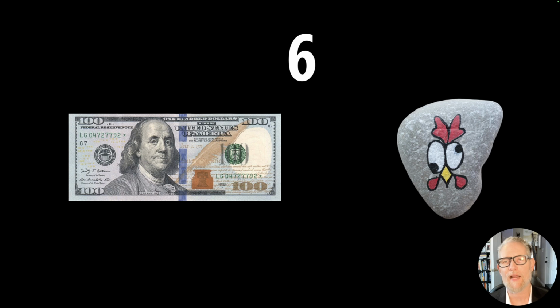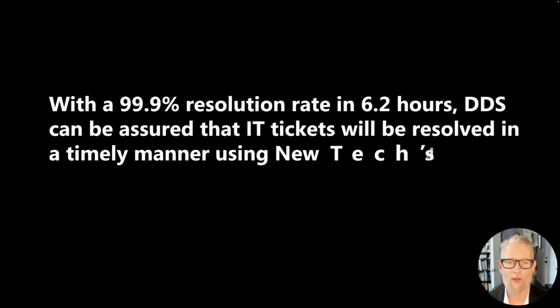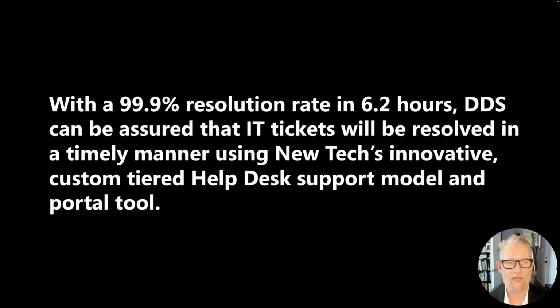So for that reason, I like to limit my motivators to the top 1, maybe 2, up to 3 motivators. After that, it starts to water everything down far, far, far too much. So let's take a look at one. We have our message with 99.9% resolution rate in 6.2 hours.